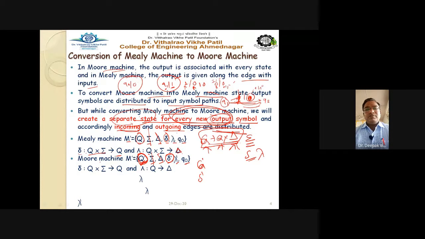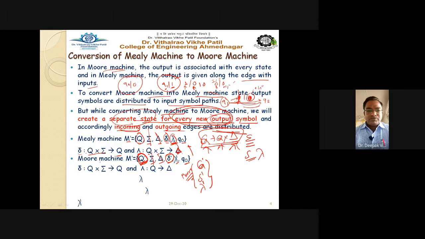And in the given Mealy machine you have the lambda, that is nothing but the output function. This output function is now converted into the resultant lambda dash. Means in the Moore machine, you have to identify these three new parameters as compared to the given Mealy machine.